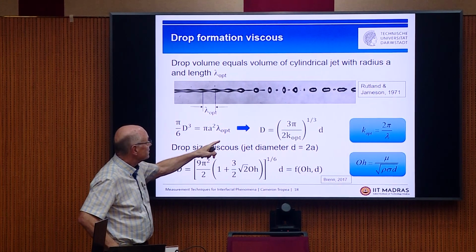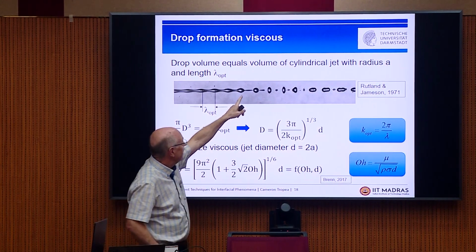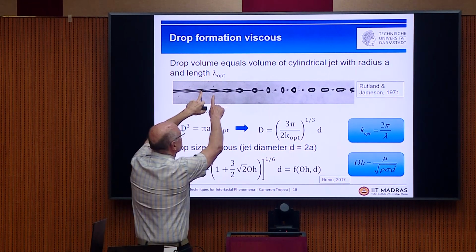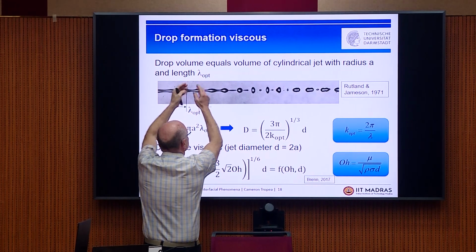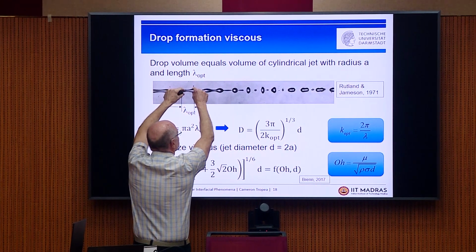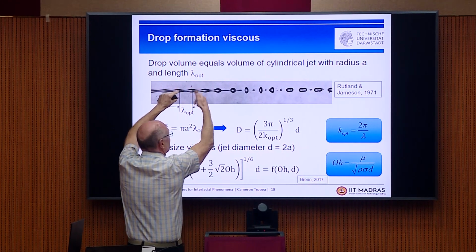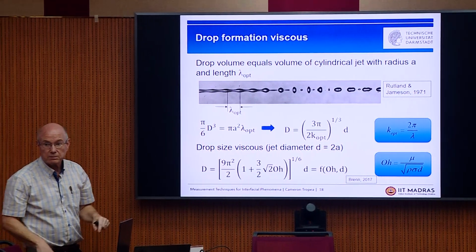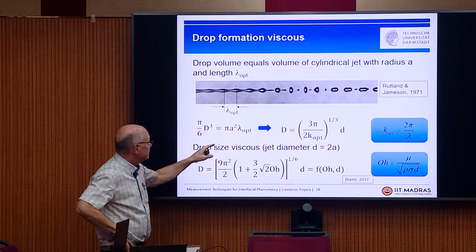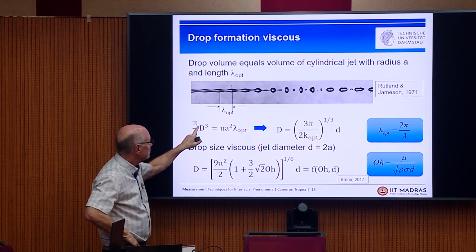And what turns out then is that for the drop size, if you say everything there turns into one drop, then how much liquid was there? Well, it's this wavelength times the diameter of the jet, times the area, pi d squared divided by 4, or something. And so that gives you the volume.